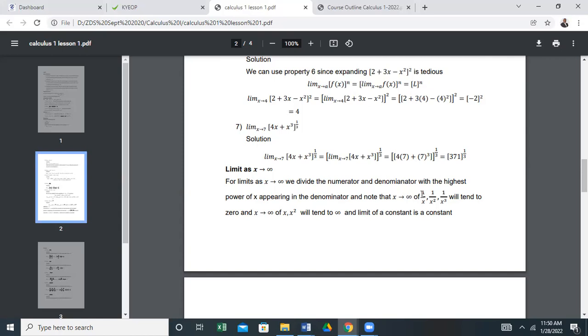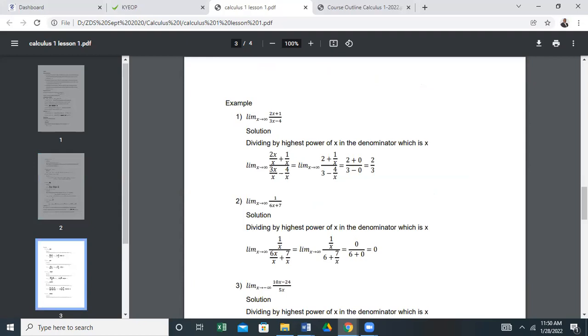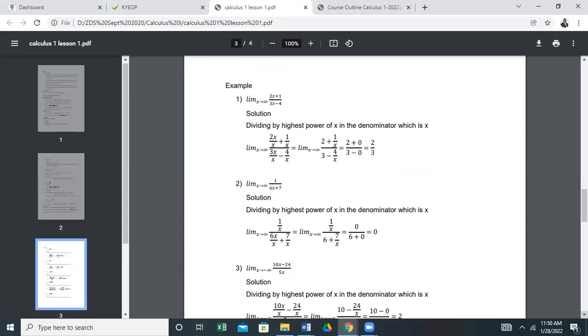So we are talking of such a scenario. Are we there? Let me give an example. We are talking of the limit of x tending to infinity. If that is the case, I'm going to divide by the highest power of x in the denominator, which is our x.